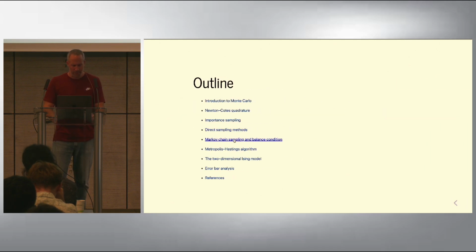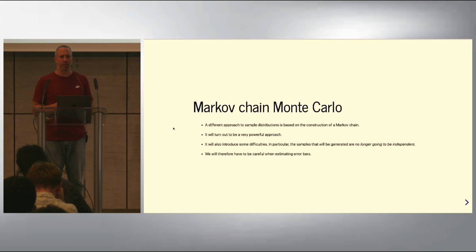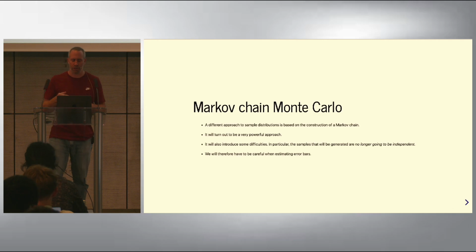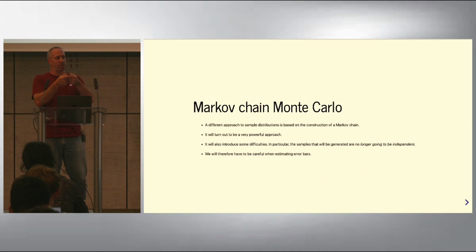Great. So a different approach, which is much more generic, but which comes with a drawback, is to use Markov chain approaches. So Markov chains are chains where you draw samples with a memory of just your previous sample. So you take one sample and you generate a new one just from the knowledge of that sample that you have now.